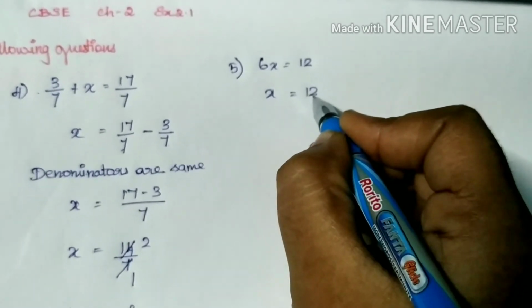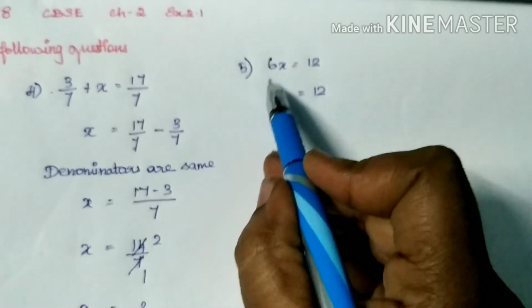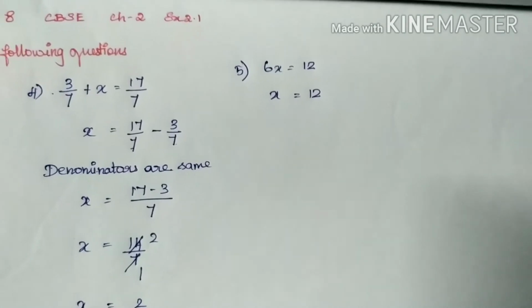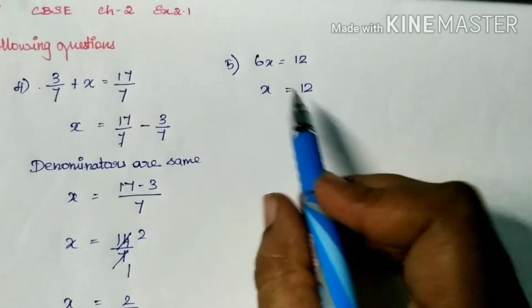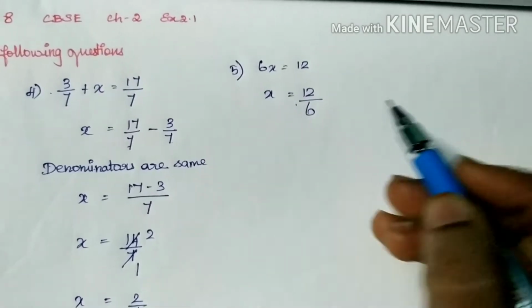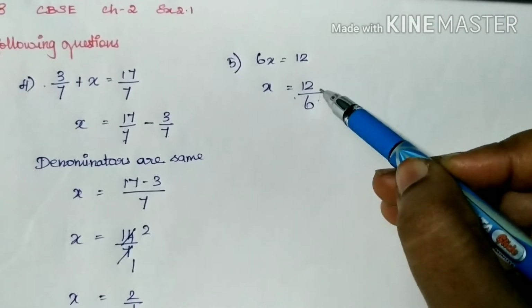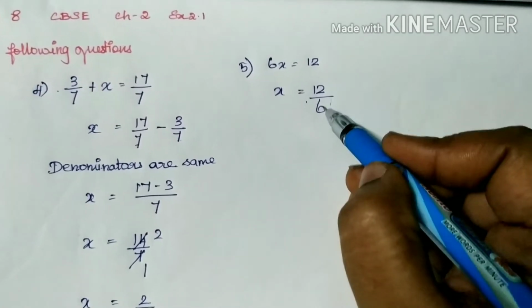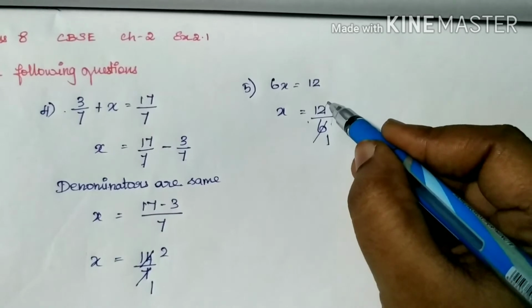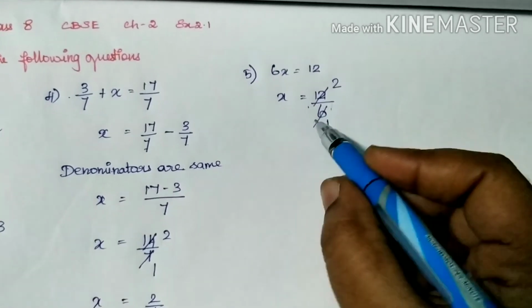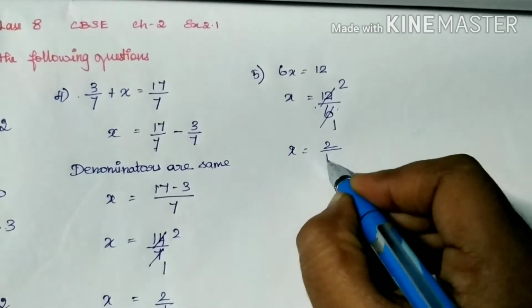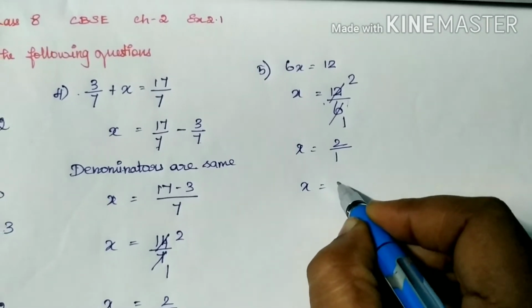Now this multiplication by 6 will come this side, which means it will change into division. So 12 divided by 6. Both come in the same table. 6 ones are 6 and 6 twos are 12. Am I right? So x is equal to 2 by 1, so x is equal to 2.